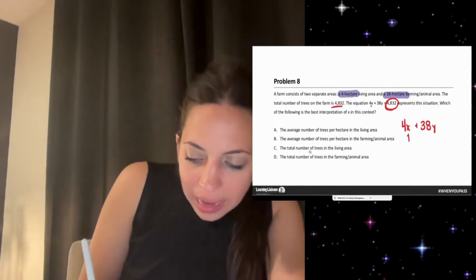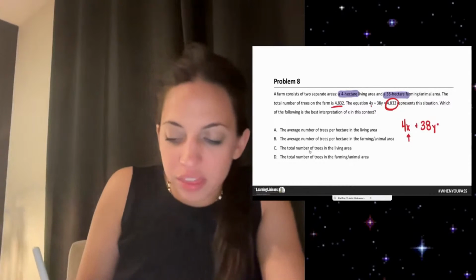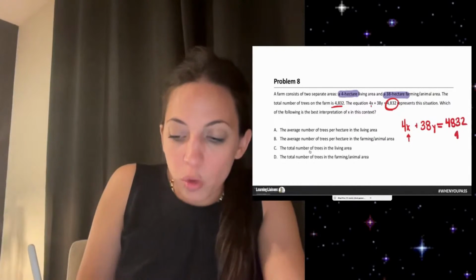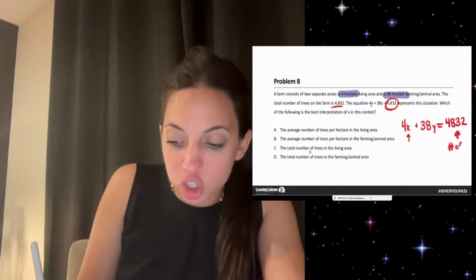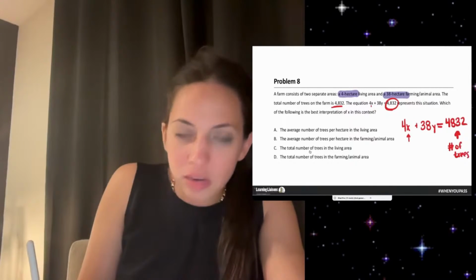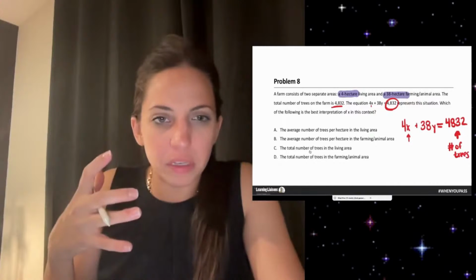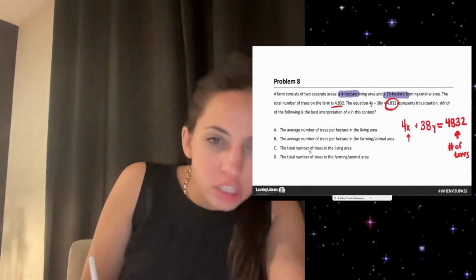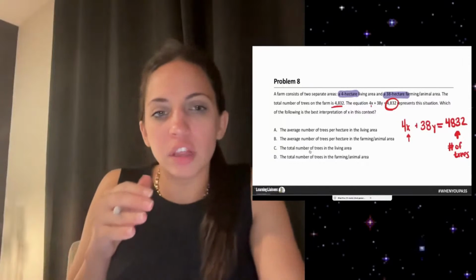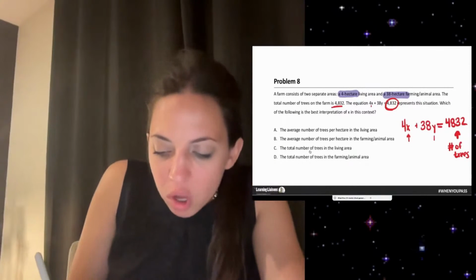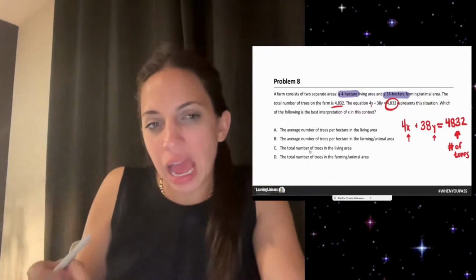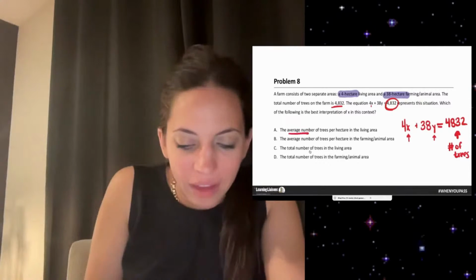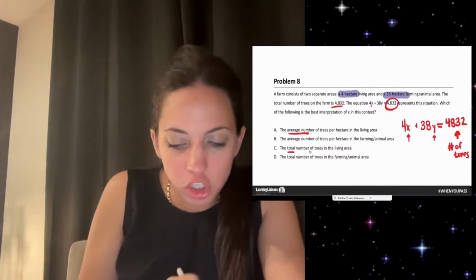Well, if this whole equation equals 4,832, which is the number of trees, then x and y have to be some amount of trees, right? And I'm multiplying x times the 4 hectares, and I'm multiplying this y times the number of hectares. So is it going to be an average number of trees or is it going to be a total?